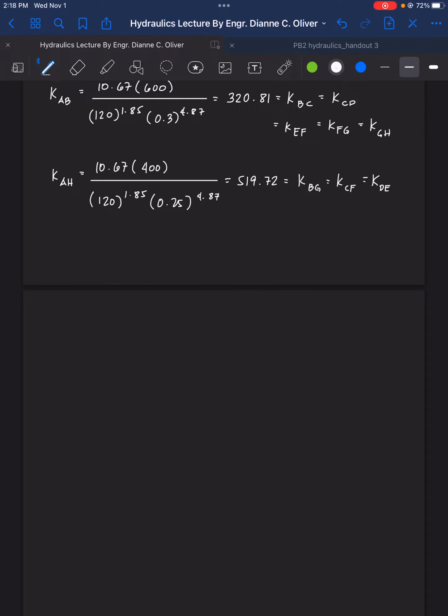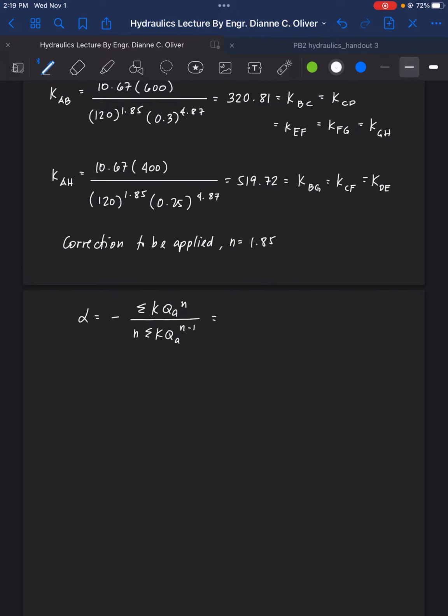The correction to be applied, where n is equal to 1.85, and remember the formula: alpha is equal to negative summation of K, Q assumed raised to n all over n summation of K, Q assumed raised to the power of n minus 1.